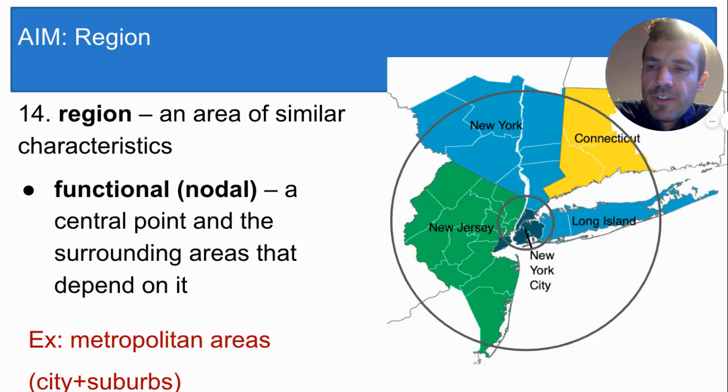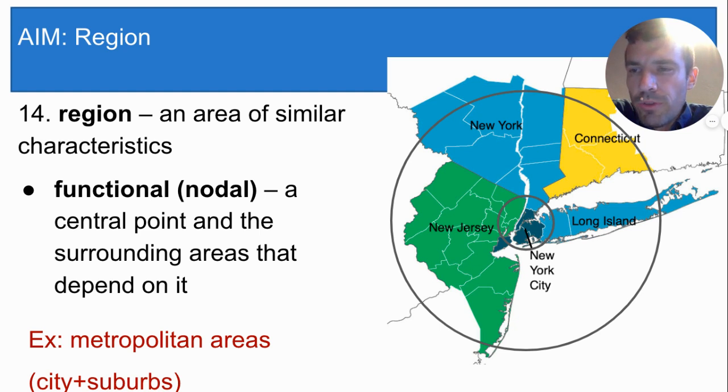The next type of region is called a functional or nodal region. Functional regions have a central point called a node that surrounding areas depend on in some way. The functional region includes this point and all those surrounding areas that depend on it. Metropolitan areas are a good example. A metropolitan area is the region surrounding a city in which most people who live in the region work in the city.